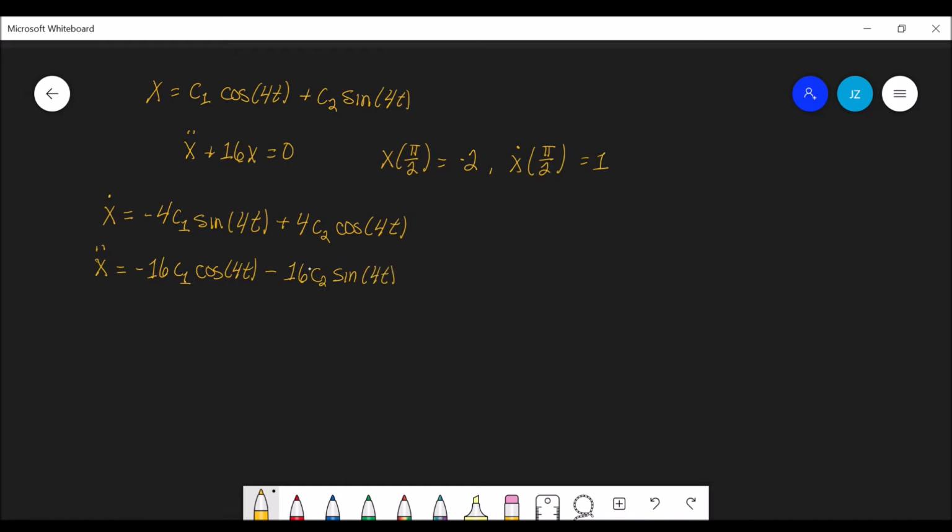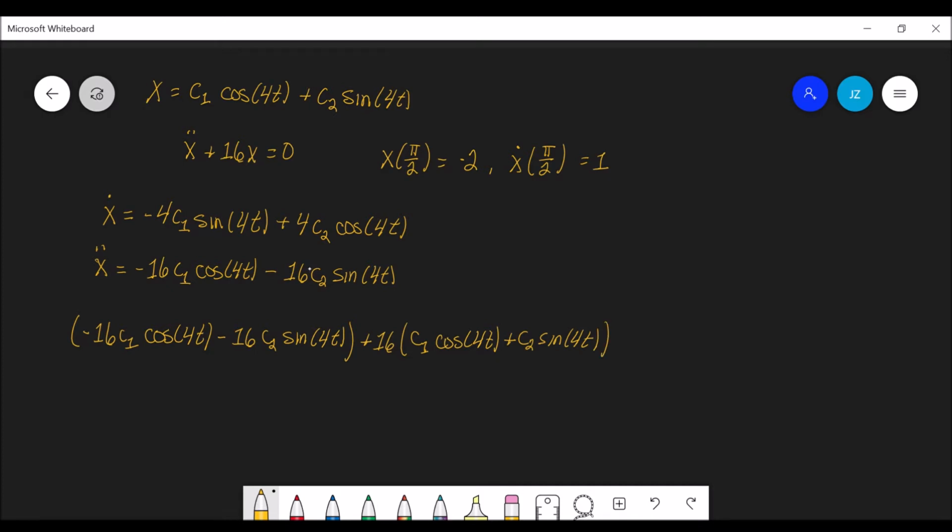Now I'll just plug these in. So for x double dot plus 16x, we get -16 C1 cosine of 4t minus 16 C2 sine of 4t plus 16 times C1 cosine of 4t plus C2 sine of 4t. So what does this equal?